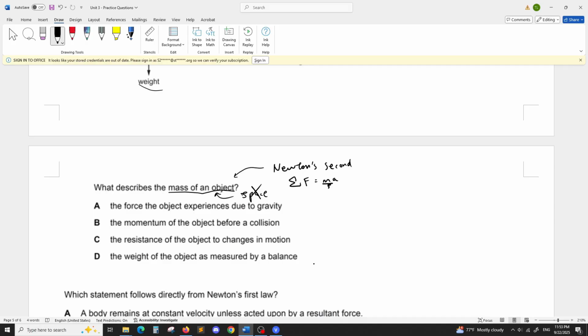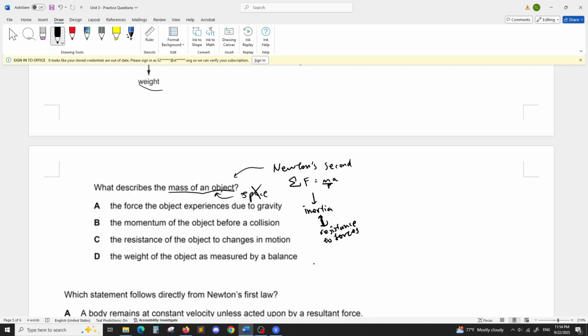That's because it has so much more mass, and because of that, we can just say that it's inertia or resistance to forces basically.